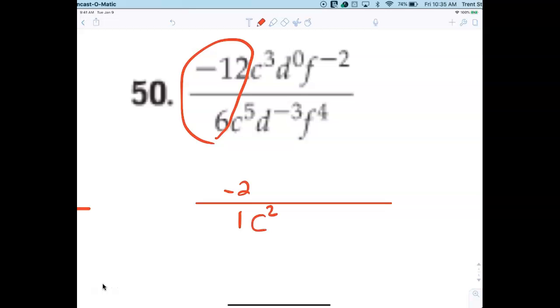Come on now, you got this. Now this d to the 0, does that mean anything? No, so what do I do with the d to the negative 3? Good job, buddy. All right, now what? That's right. So how many is there going to be? 6. Very, very good. That was excellent. Come on, hopefully you're paying attention. Good, right?